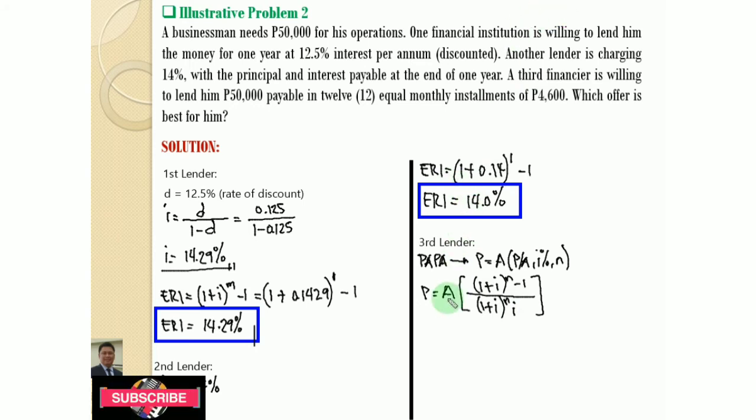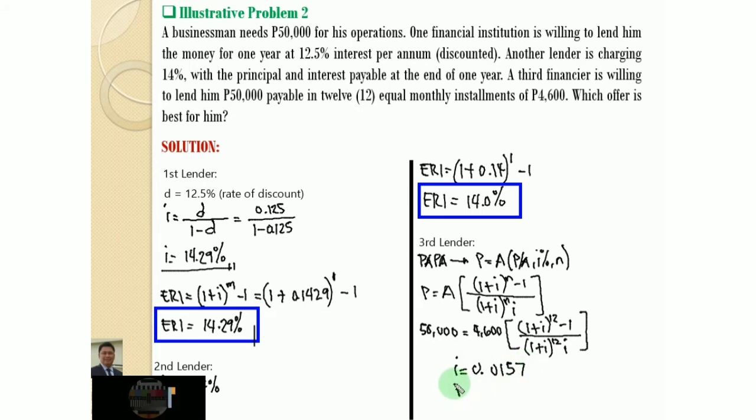So proceeding, we have this P of 50,000 equal to the annuity of 4,600 times this quantity: 1 plus our unknown I, raised to the 12, minus 1, over 1 plus I raised to the 12 times this value of our I. So calculating the value of our I here, we have I equal to 0.0157, or I is simply equal to 1.57%.